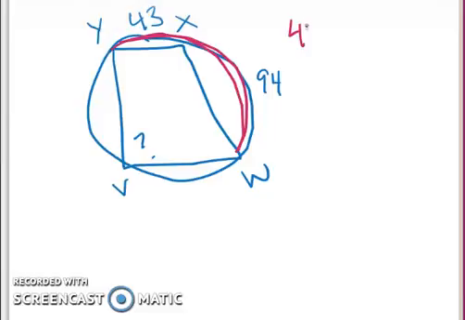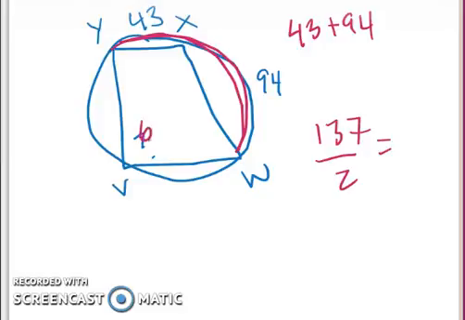And so we take 43 plus 94, add those two together, and then we're going to take 137, which is what we found, and divide it by 2. Again, inscribed angles are half their intercepted arc, and we get 68.5.